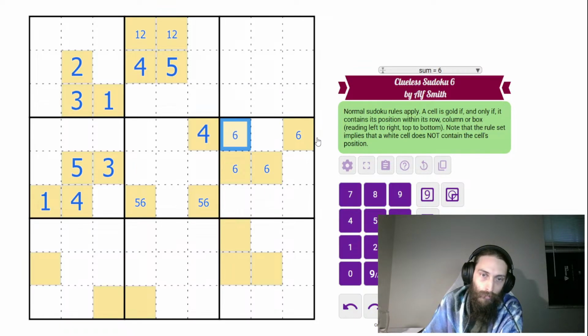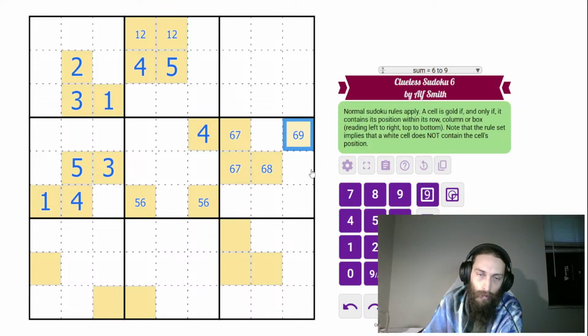Box 6, row 4, row 5, columns 7, 8, and 9. So 6, 7 pair. It's going to give me 8 and 9.